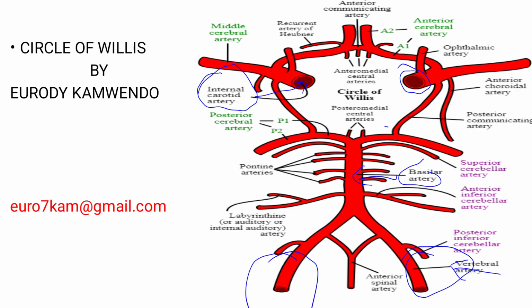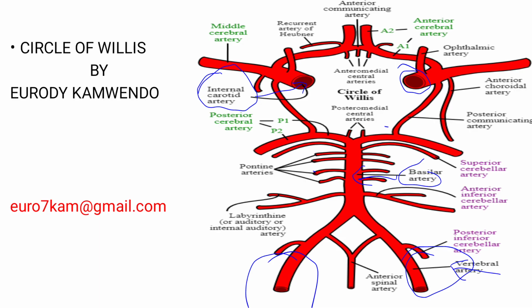And the vertebral arteries normally supply the posterior portion of the circle of Willis as compared to the internal carotid arteries.